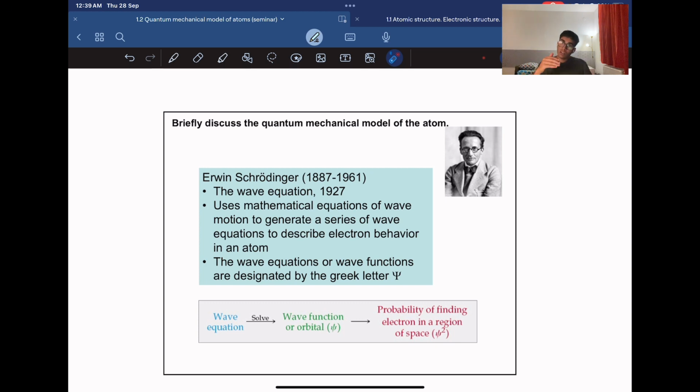We had Dalton's model, we had Rutherford's model, we had Bohr's model, and then now finally we have the quantum mechanical model. The quantum mechanical model basically does not follow Bohr's principle, where there are certain energy levels where an electron can exist.